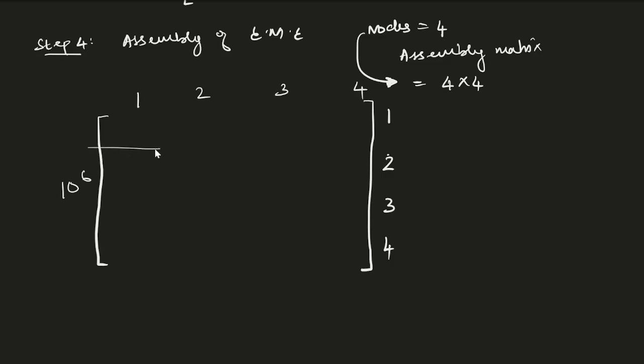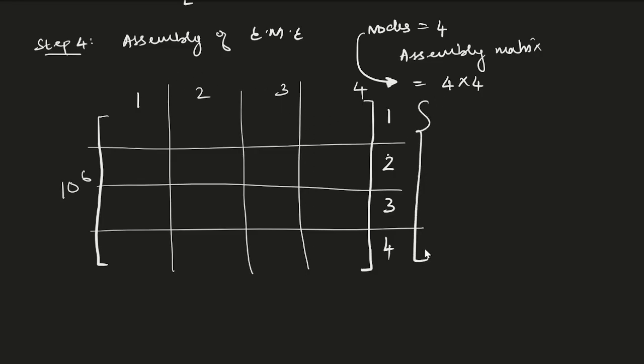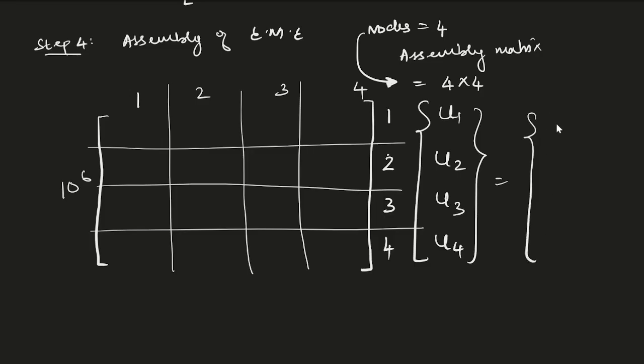I'll just make a line so that it will be easier. Then we have u1, u2, u3 and u4, which is equal to p1, p2, p3 and p4.